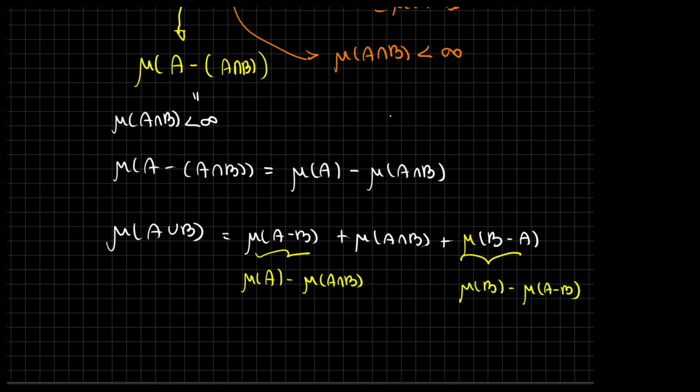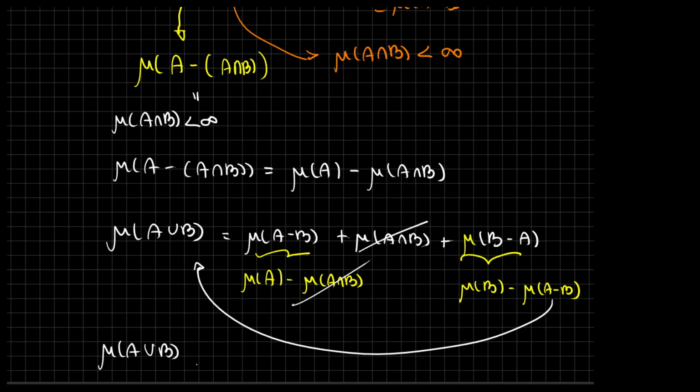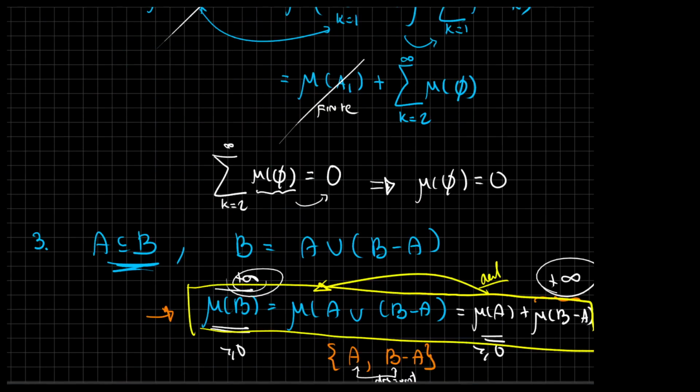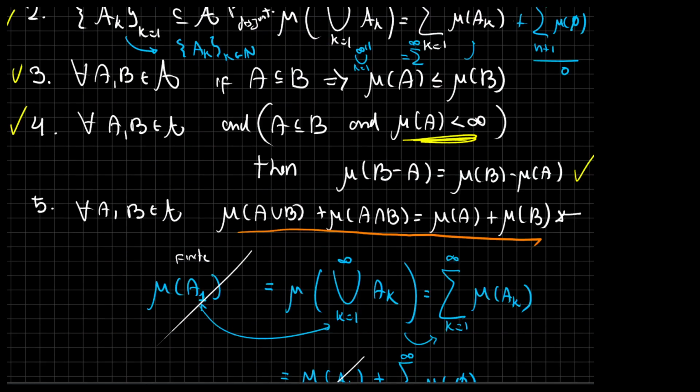So one of these cancels, and the other one goes to the other side, so you will have this intersection, and this will be equal to this, and this is what we wanted to show. So this takes care of every property.